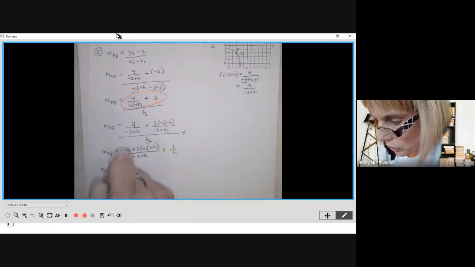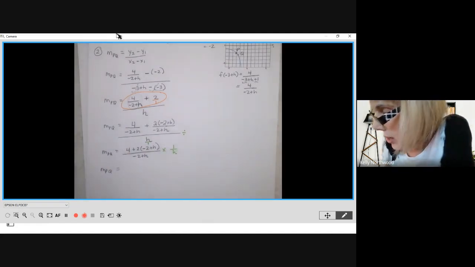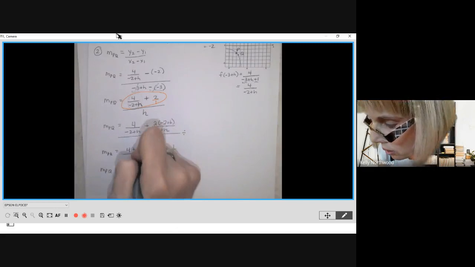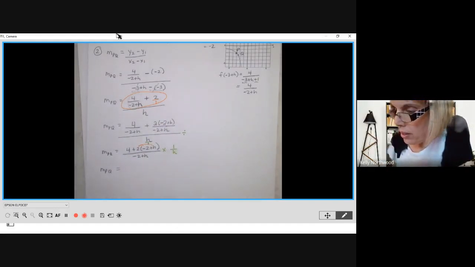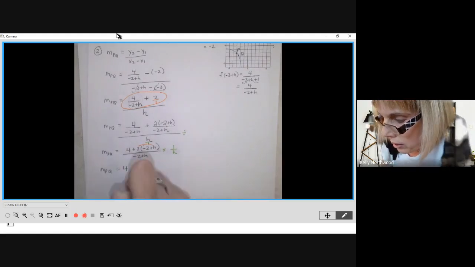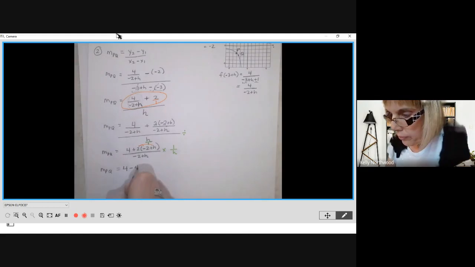So I'm going to look at the numerator first here. Multiplying the numerator by 1 doesn't change anything, but I do want to distribute the 2 now. So I've got 4, plus positive 2 times -2 is -4, plus 2h.